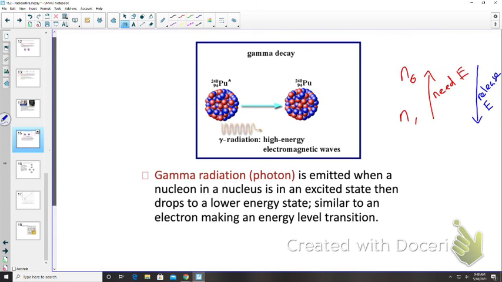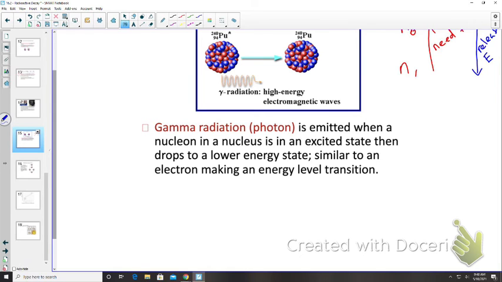And how gamma decay looks, so for example, if we have a sample of, let's say, plutonium, and it doesn't really matter. I just had one on here, but I forgot what element it was. So Pu, plutonium, and this star up here indicates an excited state.